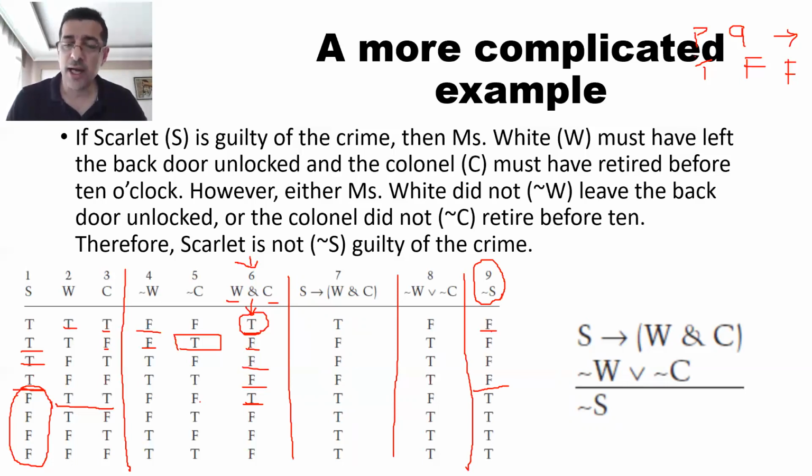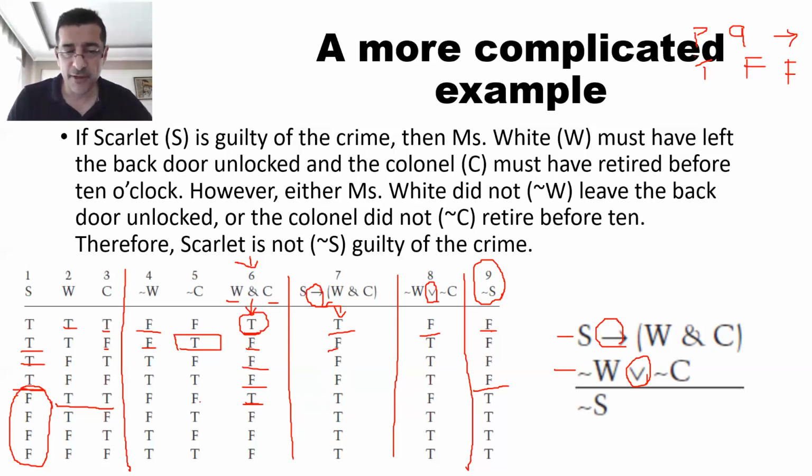Okay, so what I need to worry about is when my conclusion is false but I have all true premises, or all my premises are true. So how many premises do I have here? 1, 2. So I'll check the value for this and the value for this, I mean the functions that we have here. If both of them are true and my conclusion is false, then my argument is invalid.